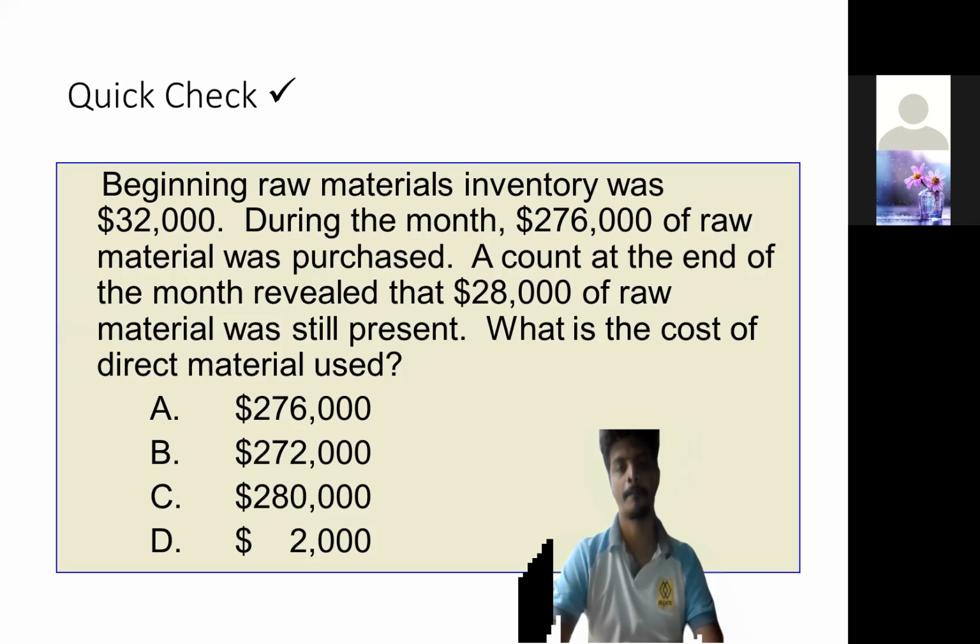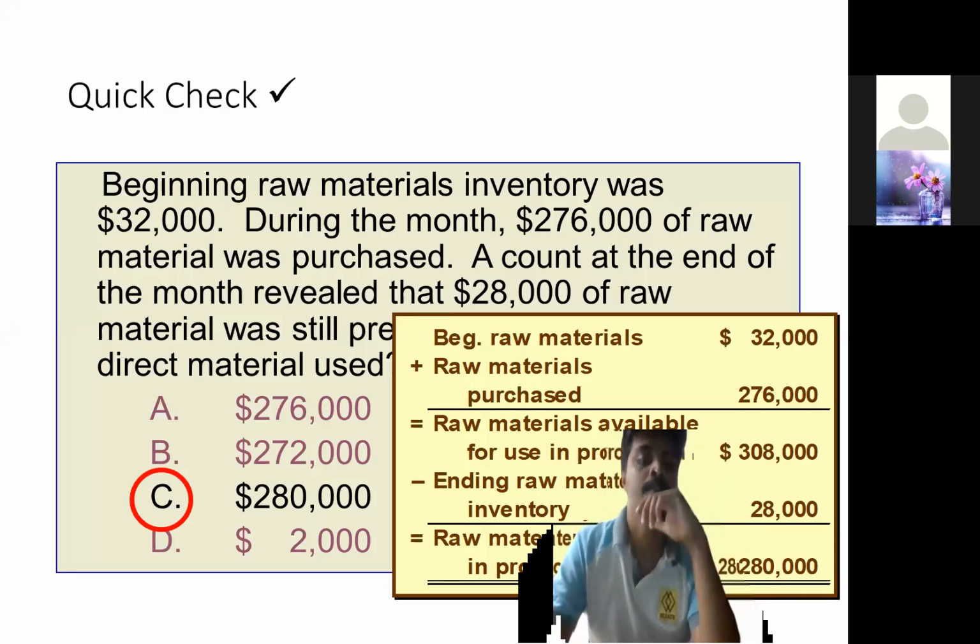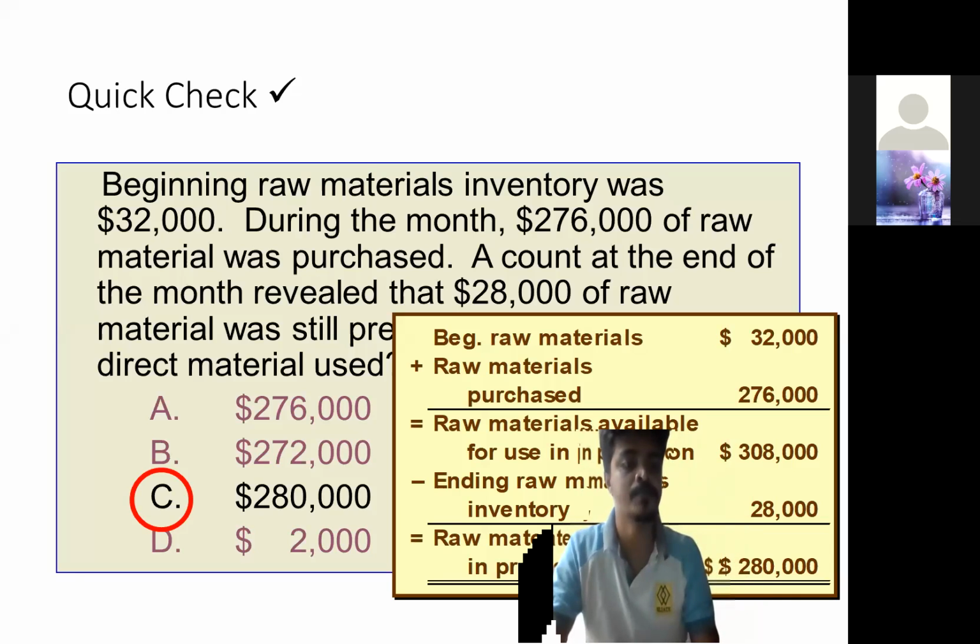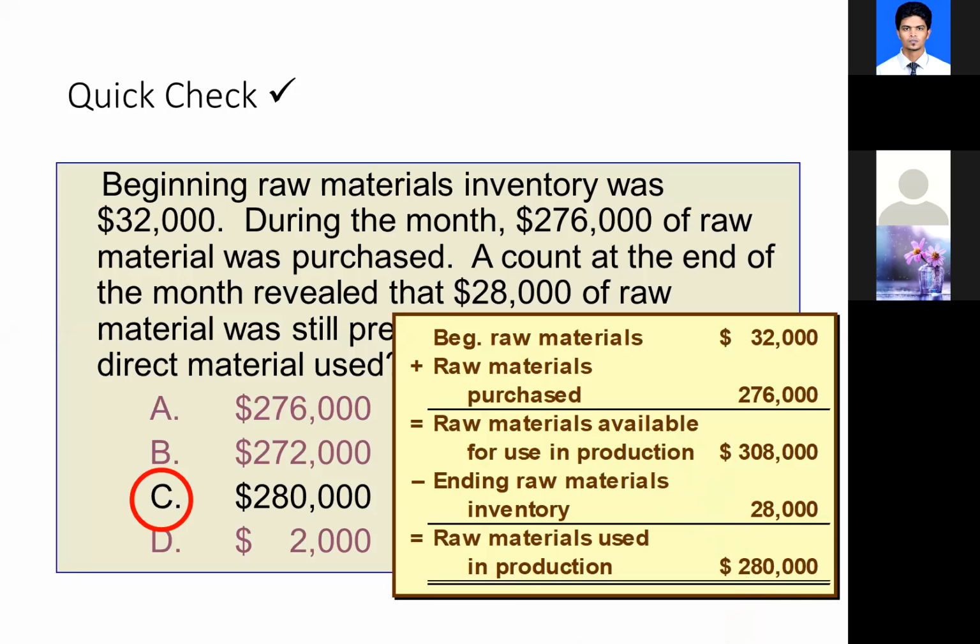Okay, let's see. Then here, the correct answer is answer C. How did it calculate? Raw material beginning inventory has been given 32,000.